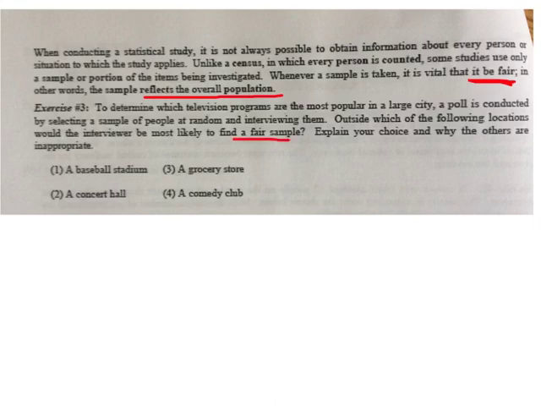So I'm looking for the most fair sample. And then explain your choice and why the others are inappropriate. A baseball stadium. If I were to sample people at a baseball stadium, would it get a fair sample? A grocery store, a concert hall, a comedy club. The correct answer here for the most fair sample would be a grocery store.